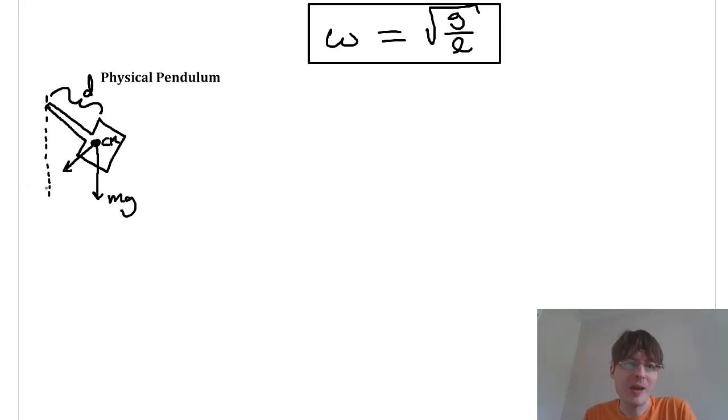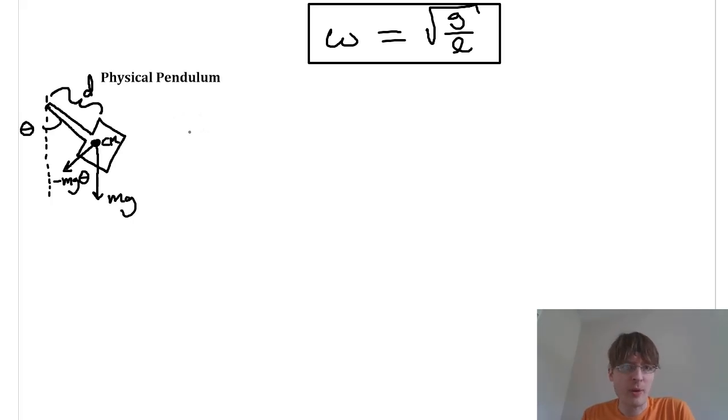In fact, for small angles, here's theta. For small angles, that's going to be about minus mg theta. So I've used the small angle approximation already here. This force is the component perpendicular to the line d.